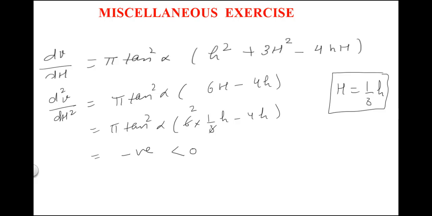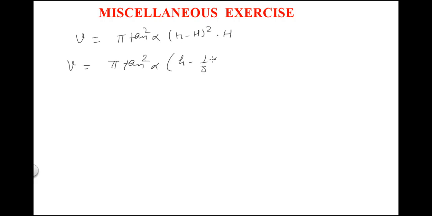Clear? Now the last thing that we have to do is write the maximum volume. So the maximum volume will be, by putting the value of capital H as 1/3 h, pi tan square alpha into h minus 1/3 h whole square into 1/3 h.